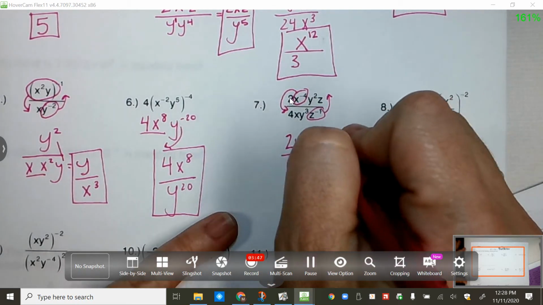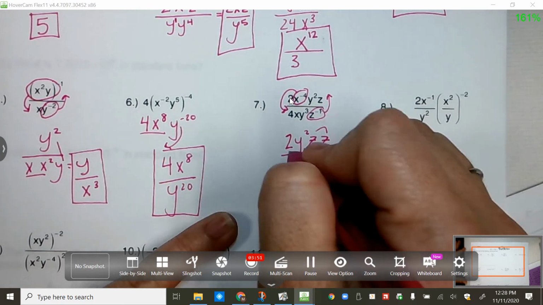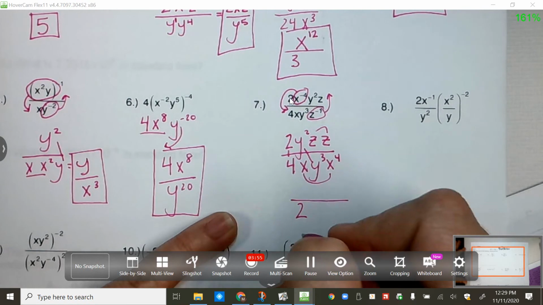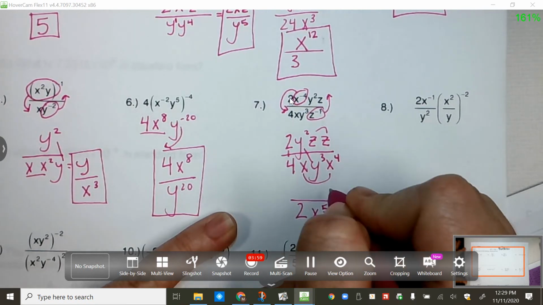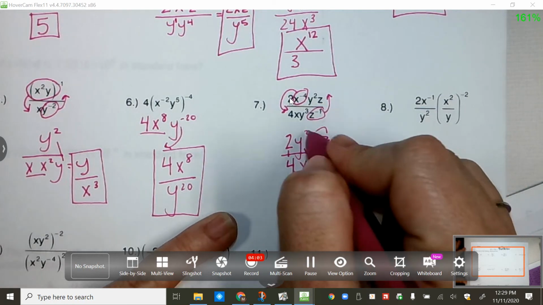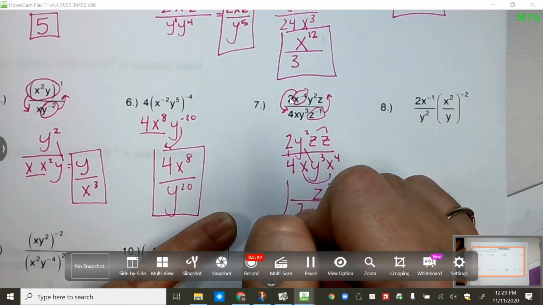So these can be combined. These can be combined, and then the y's can be combined, and the 2 over 4 simplifies to 1/2. So I get a 2 on bottom, I get x to the 5th on bottom, y to the 1 on bottom, because there's more on the bottom, 3 minus 2 is 1, and then z squared on top.